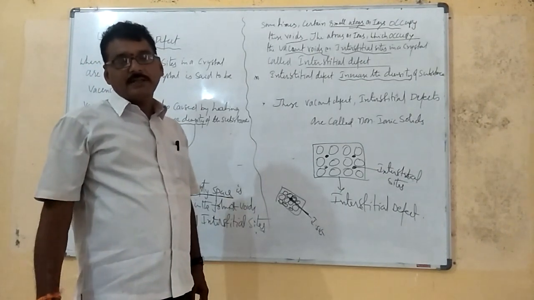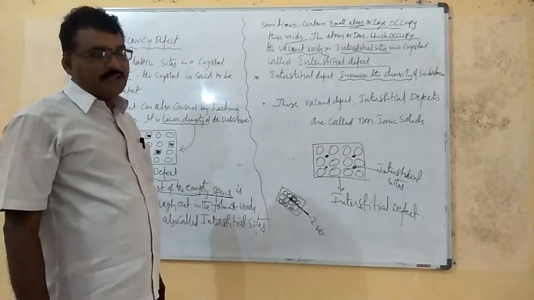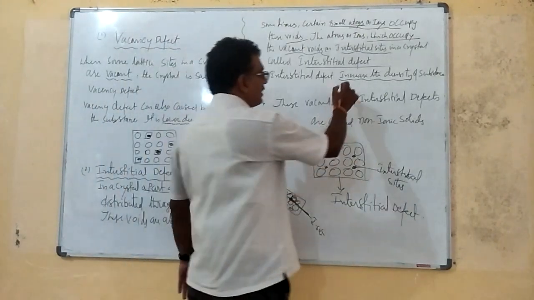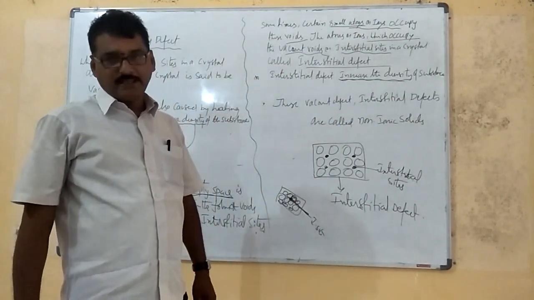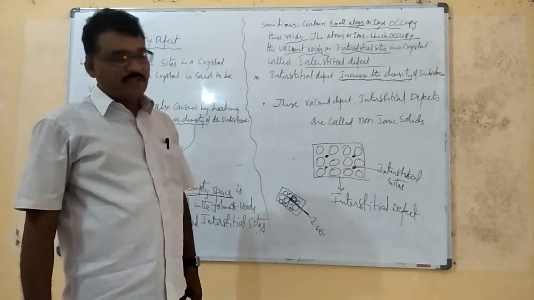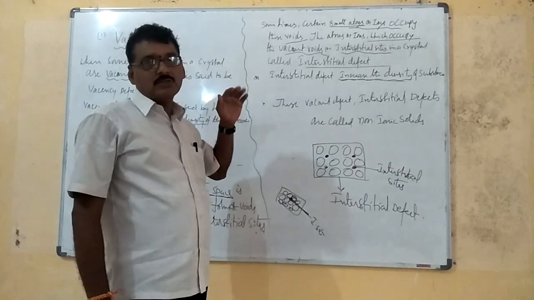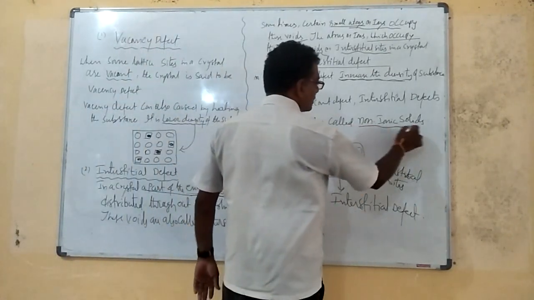That defect is called an interstitial defect. In this interstitial defect, the density of the substance increases. These vacancy defect and interstitial defect are the non-ionic solid defects.